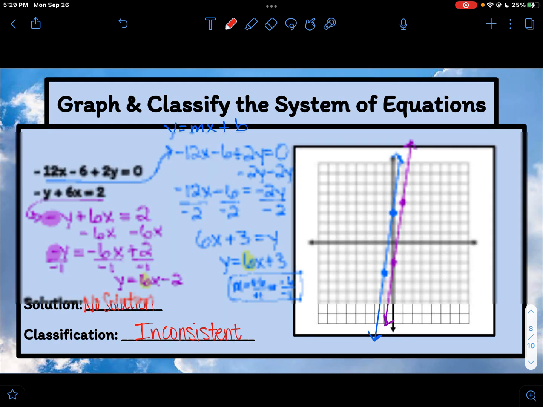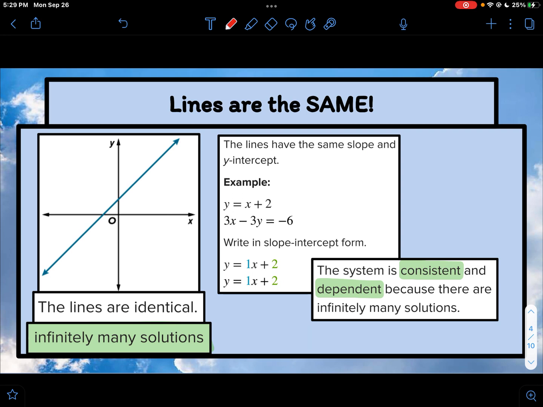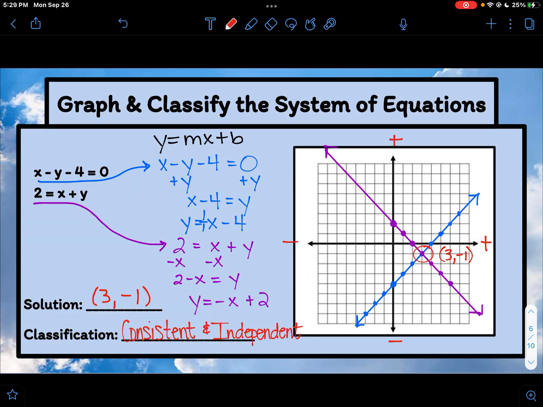And, oh, I forget the classification. I know it's consistent. It's consistent and dependent.